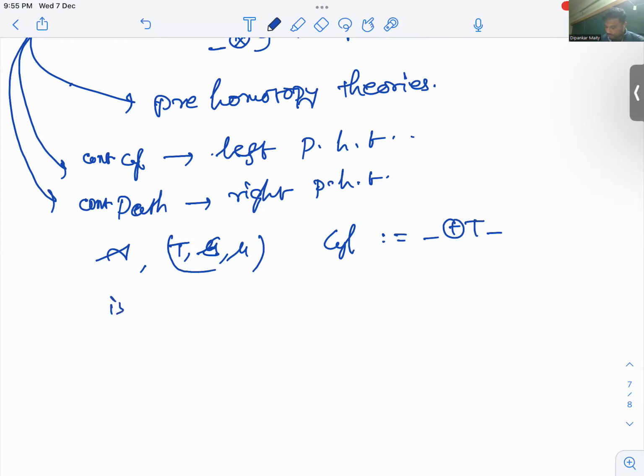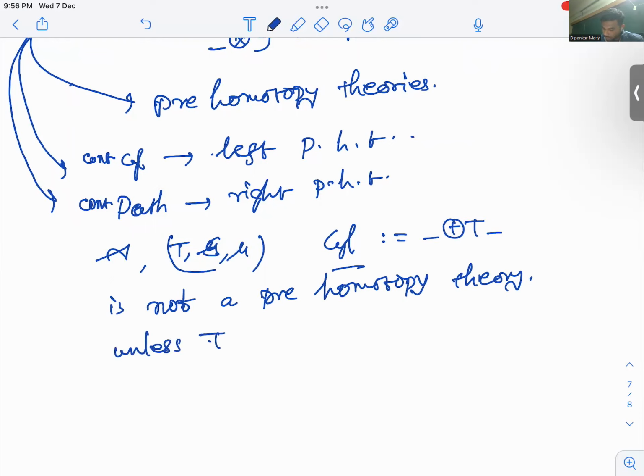This is not a pre-homotopy, because there is no reason for this cylinder to have a right adjoint. So even if there is a path structure, there need not be a right adjoint to T. So unless T preserves all four, this is not a pre-homotopy.